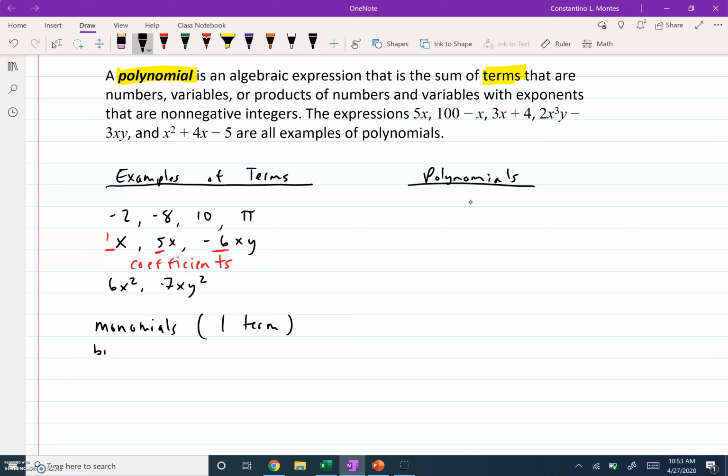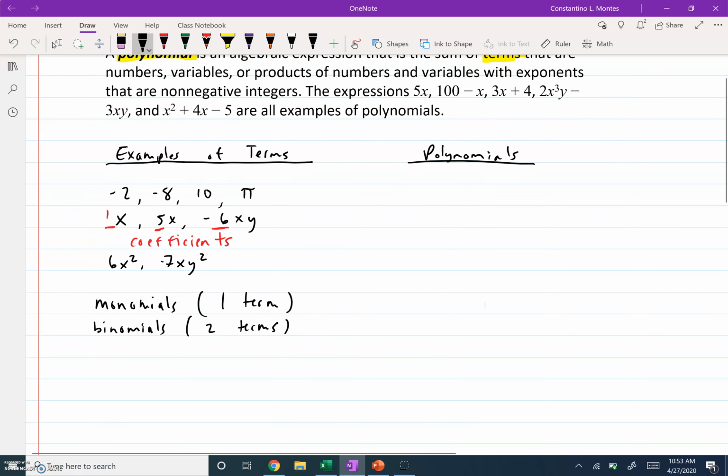Binomials are going to have two terms, and you can probably guess what the next one's going to be. A trinomial is going to be three terms. So when we talk about polynomials, we're talking about the collection of all of these nomials, I guess you could say. Poly here means many, so many terms.